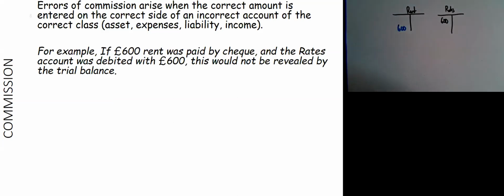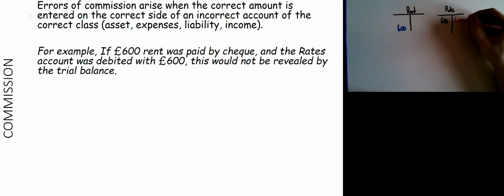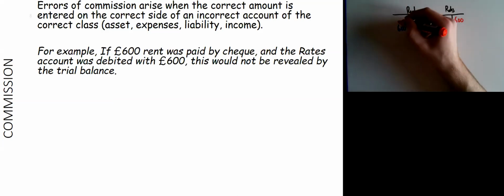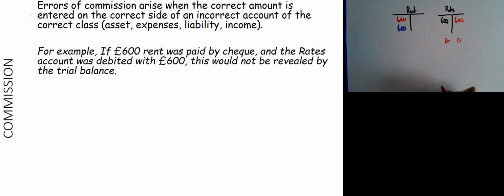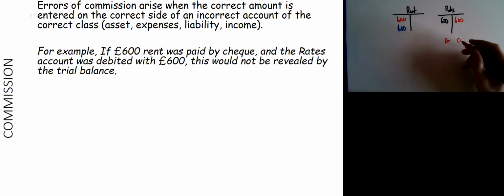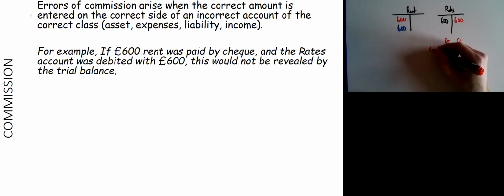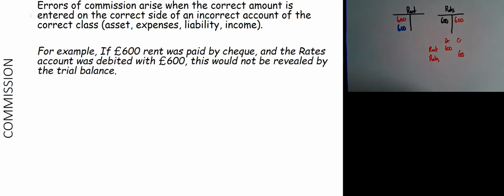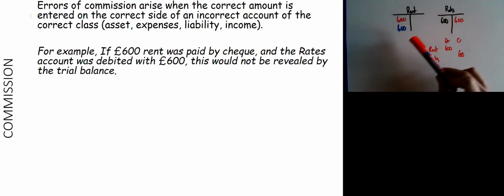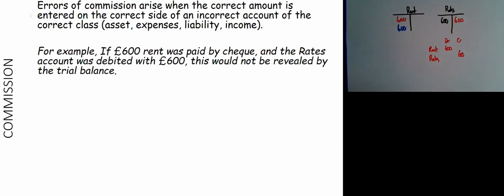So to fix it, I'm going to get rid of the £600 from rates and put it into rent. In my general journal, I'm going to debit the rent with the £600 I needed and credit the rates to get rid of the £600 I put in there. So look, I didn't need a suspense account. I can get rid of the errors just by moving it from one account to the other account.